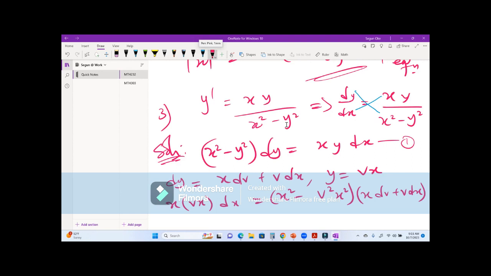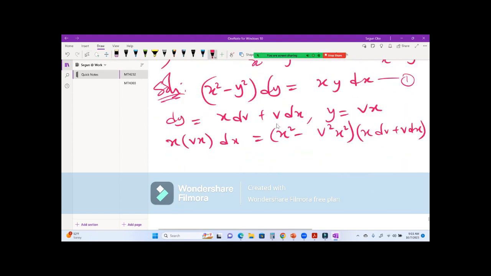So let's open the brackets one after the other. X multiplied by x, we have x squared v dx equals to, we can open the bracket of this one. But before then, something is common here. x squared is common.